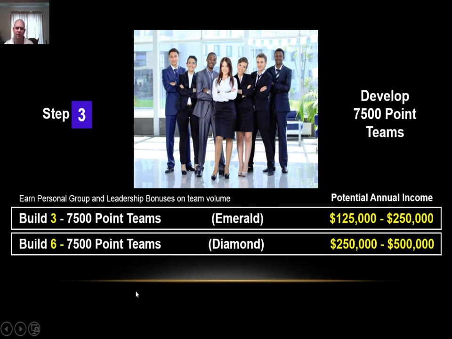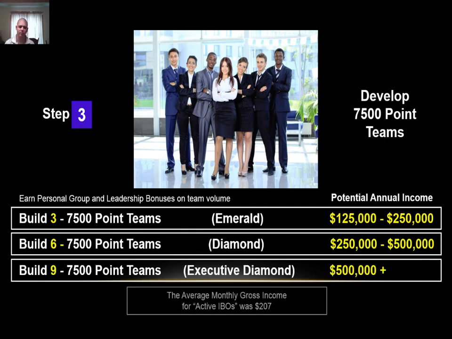On this slide, we talk about those teams just expanded a little bit more. That bottom scenario on the previous slide, the $125,000 plus dollars per year, is a team with 7,500 points. In this scenario, if you were to have 3 of those such teams, then you would be looking at a classification of Emerald and making anywhere between $125,000 per year and $250,000 per year. These are real numbers, folks.